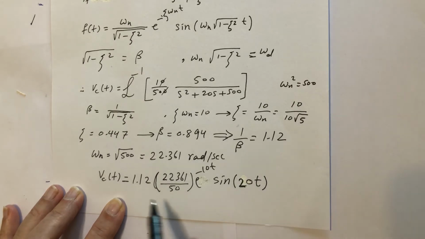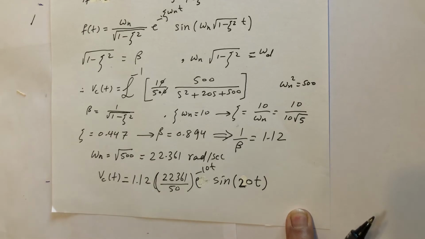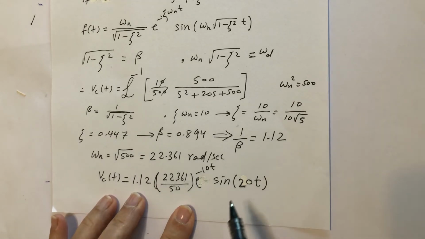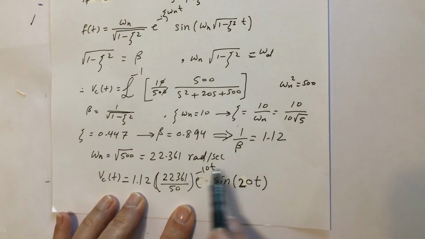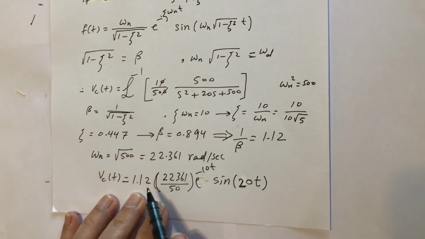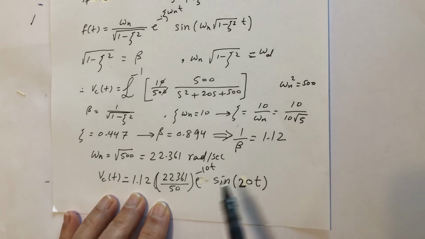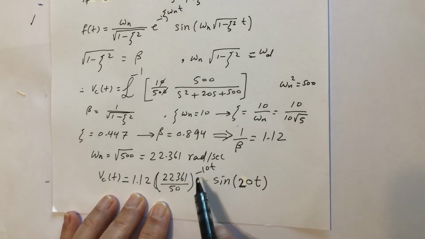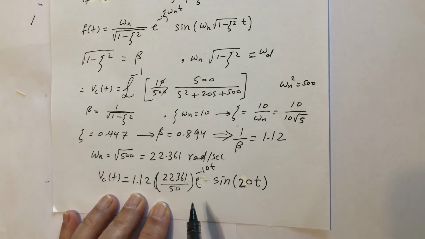Now, if you watch this response, it's funny, it's not like a step response. If we substitute for t equal 0, this will be 0, so the system will have 0 value at t equal to 0. And if we put t equal to infinity, the e to the minus 10t will be 0, so it will be 0. It looks like an impulse response.